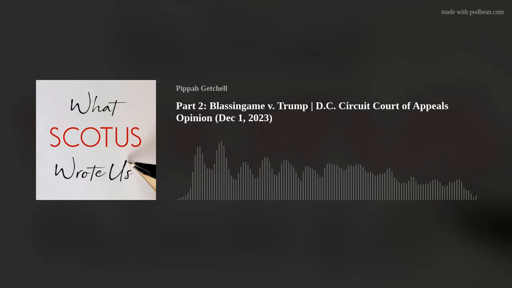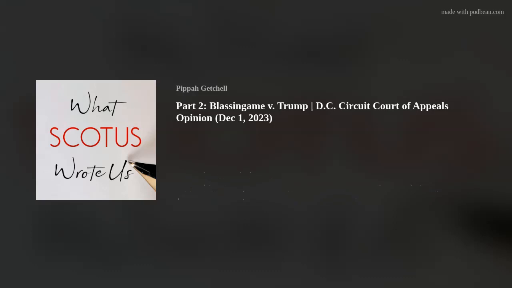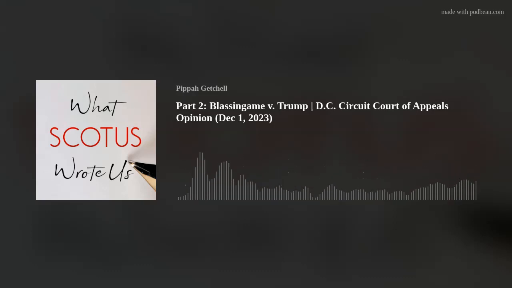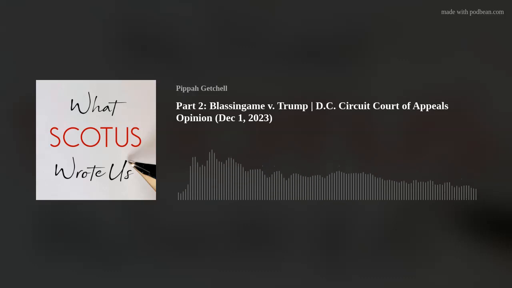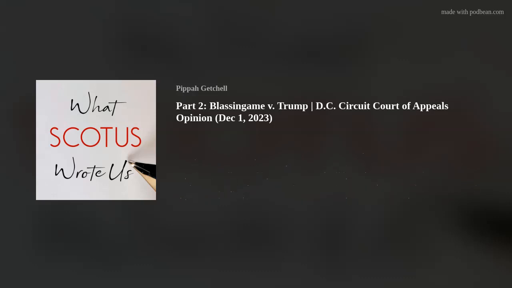Such a result is unsupported by precedent, and it is unsupported by the basic object of granting a president official act immunity, assuring that the president is not unduly cautious in the discharge of his official duties. That concern necessarily has no salience when the president acts, by his own admission, in an unofficial, private capacity.